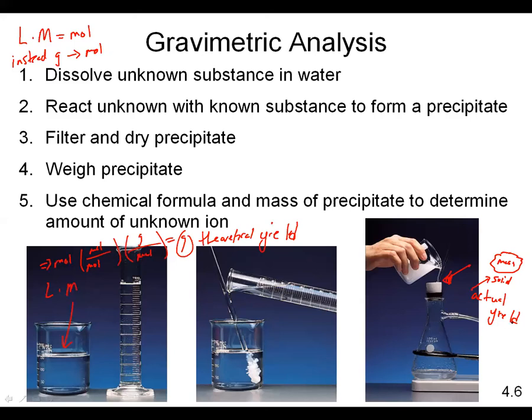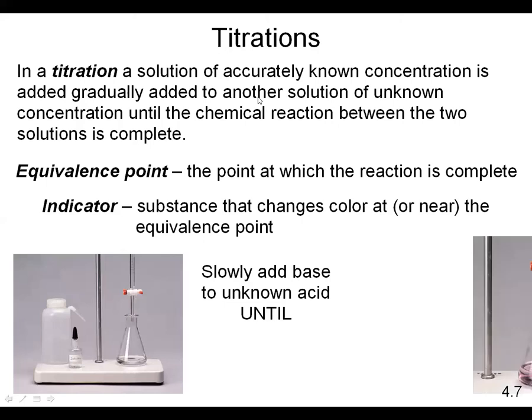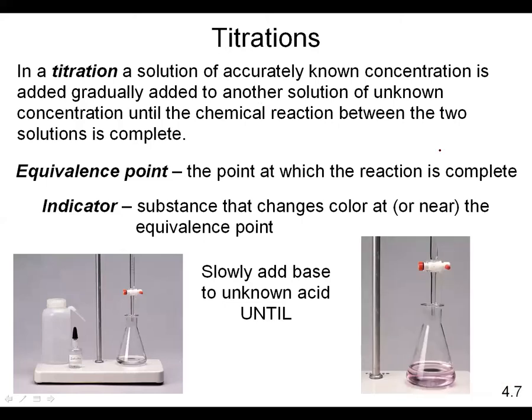And again, the information you may be given may be liters and molarity, which would allow you to get the moles and do the stoichiometry part. Another common method, like the next big experiment that we're going to do, is titrations. Titrations are also solution stoichiometry problems.